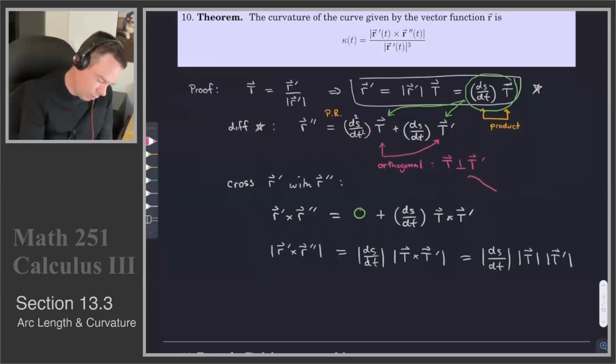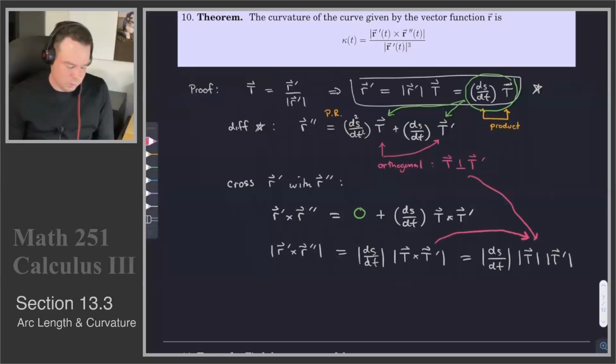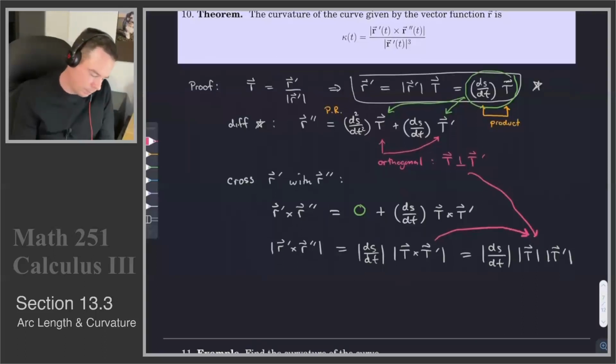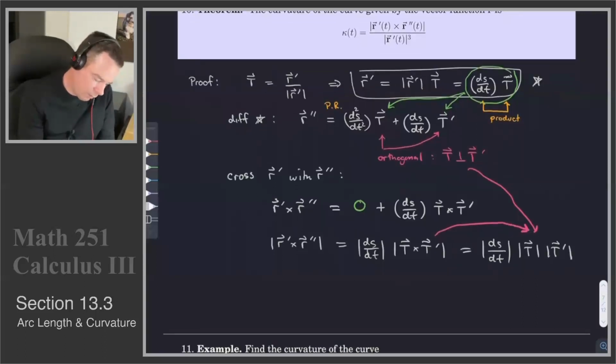So the magnitude of their cross product is just the product of the magnitudes of the individual vectors themselves. That's where I used this fact to go from here to here, the fact that they were orthogonal, because the magnitude of the cross product is the magnitude of the two vectors times the sine of the angle between them. But if there are 90 degrees between them, then the sine of that angle is 1. We also have that the magnitude of T is 1. And so this gives us a nice expression for T prime in magnitude.